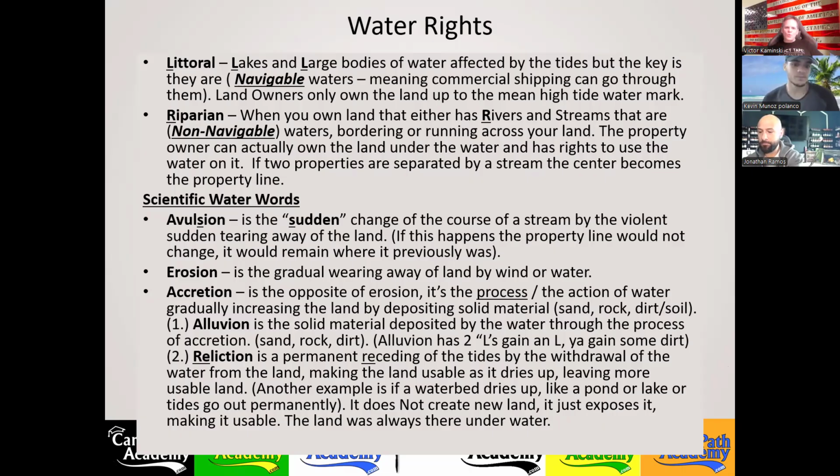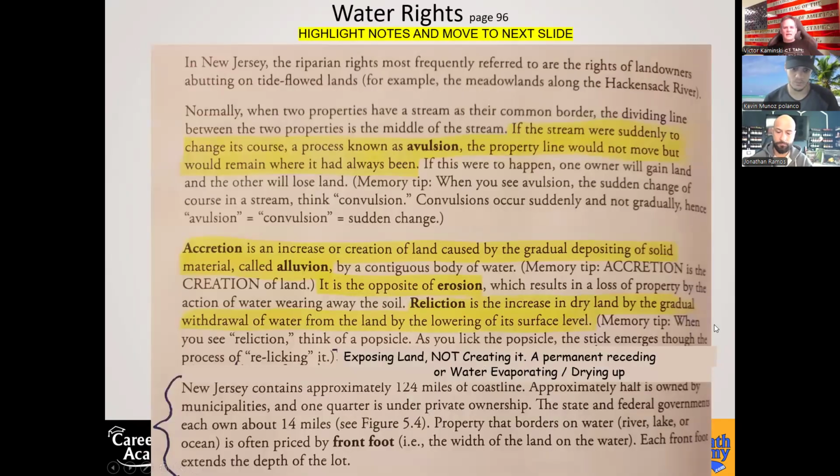So you'll need to study these water terms: littoral, riparian, avulsion, accretion, alluvion, reliction. Let's highlight them in the book, and then we'll make notes where I wrote in some notes.